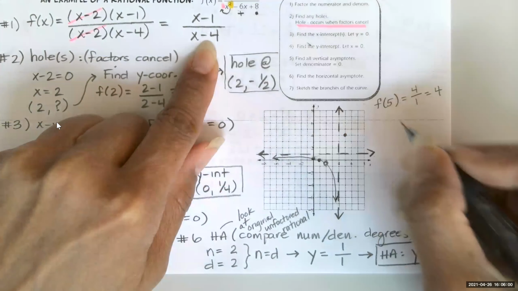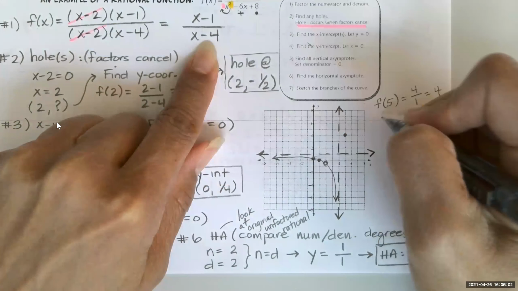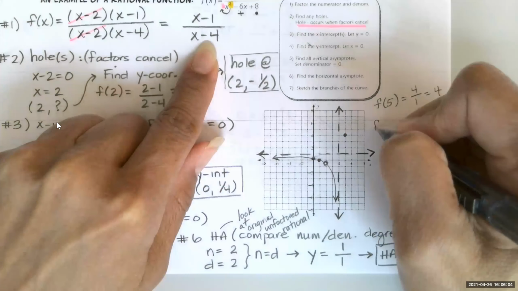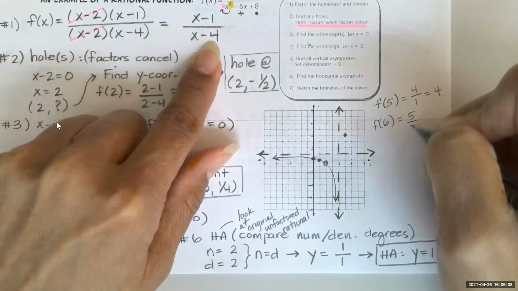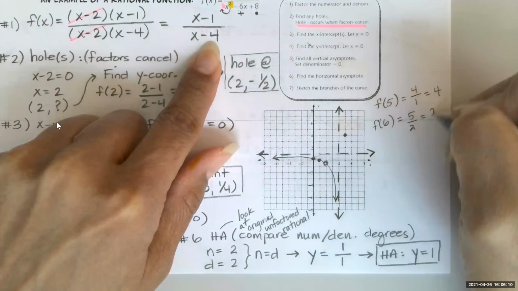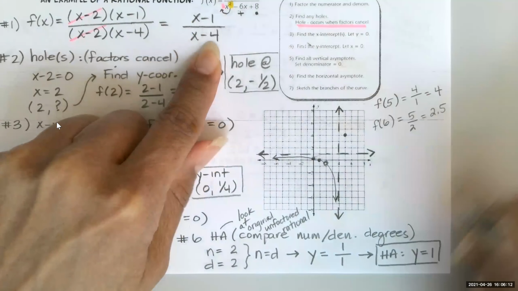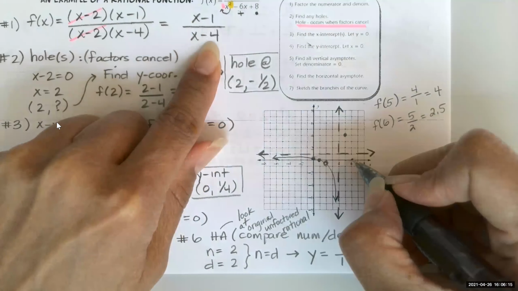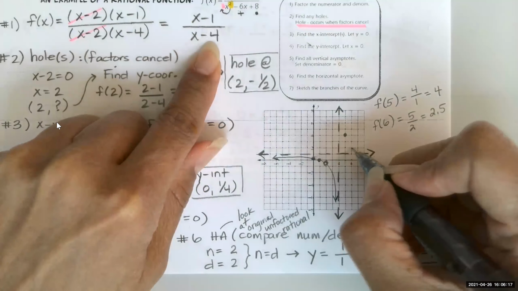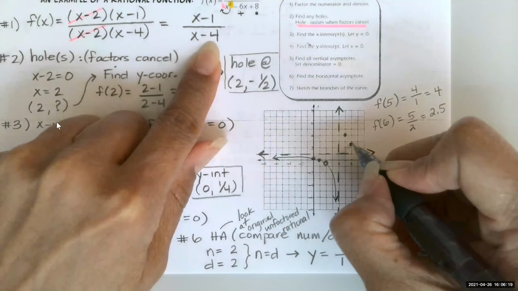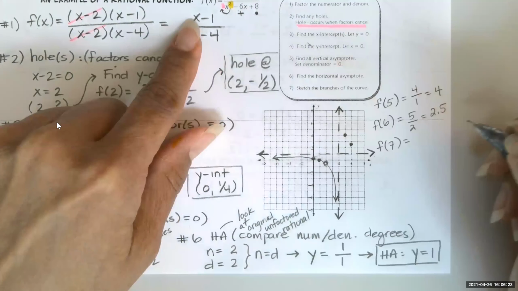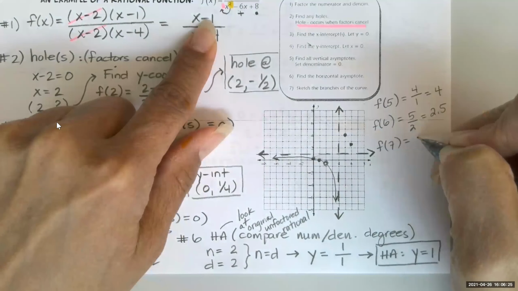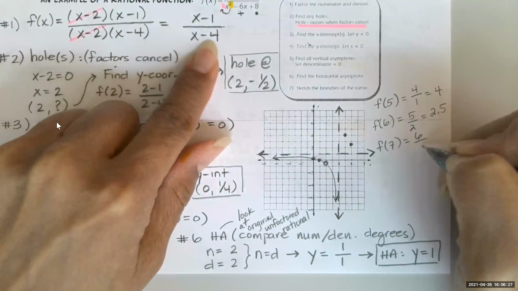I can do it again. Let's do f of 6. 6 minus 1 is a 5. 6 minus 4 is a 2. Well, that's 2.5. So 6 comma 2.5. And since we're here this far, let's just do f of 7. 7 minus 1 is a 6. 7 minus 4 is a 3. 6 over 3 gives me a 2.